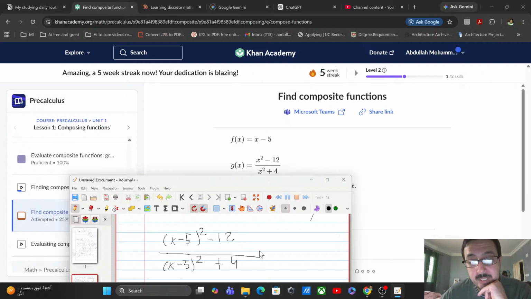Can we use them here? But it's a plus. Remember, this is not multiplication. Here is minus 12. This is plus 4.